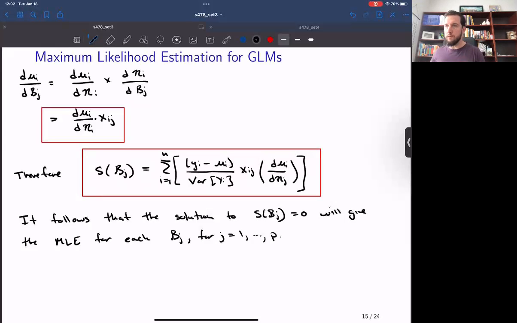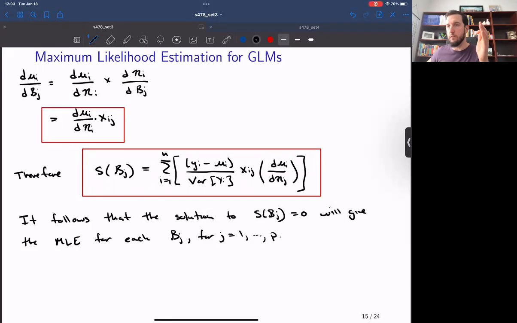So we have the score function. The first thing we can do is take an initial guess at the value of the beta j, plug it into this score function, and get out a value for the score function. There are two types of Newton-Raphson. We can take the score function at beta j and divide by the derivative of the score function at beta j, and use that to nudge your estimate.